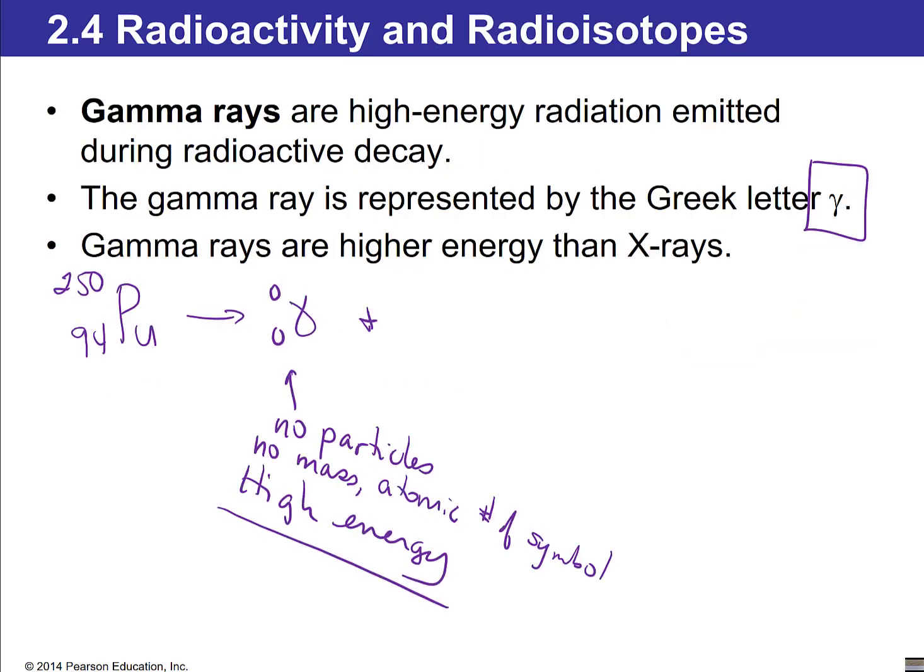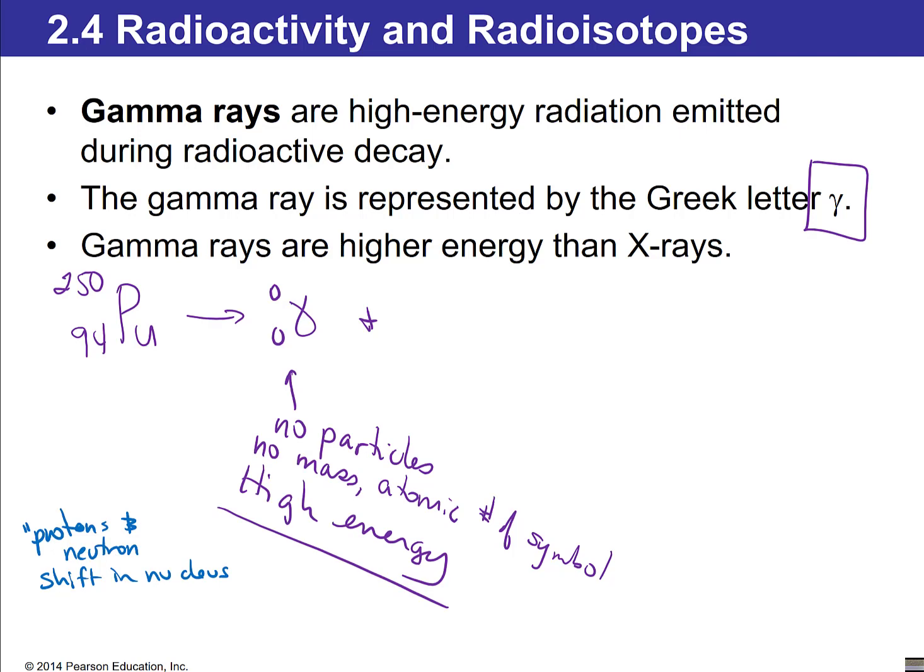Okay, so the last one. The last one is gamma. So gamma decay, this is the highest amount of energy. This really comes when protons and neutrons shift around in the nucleus.